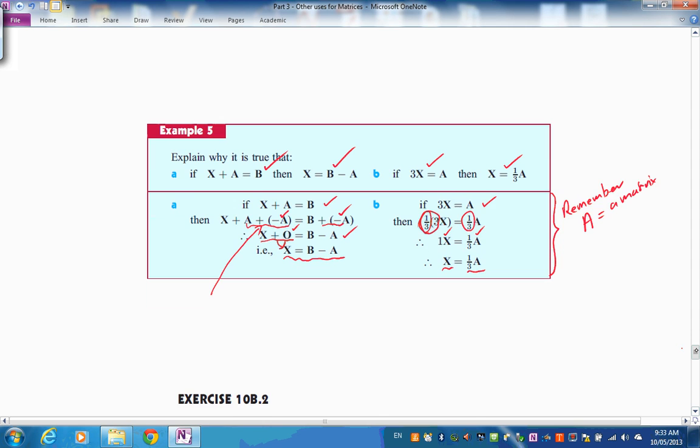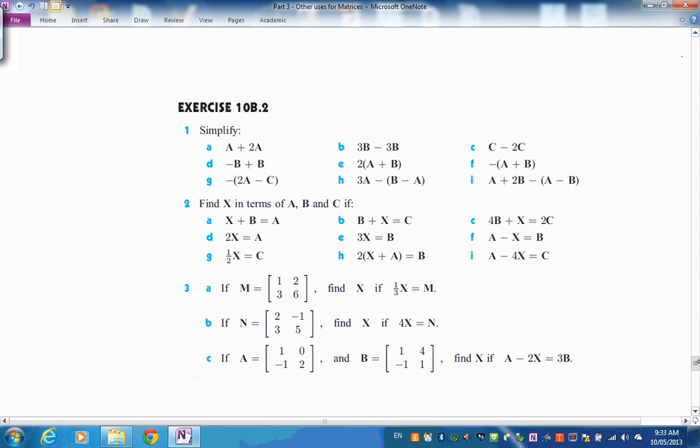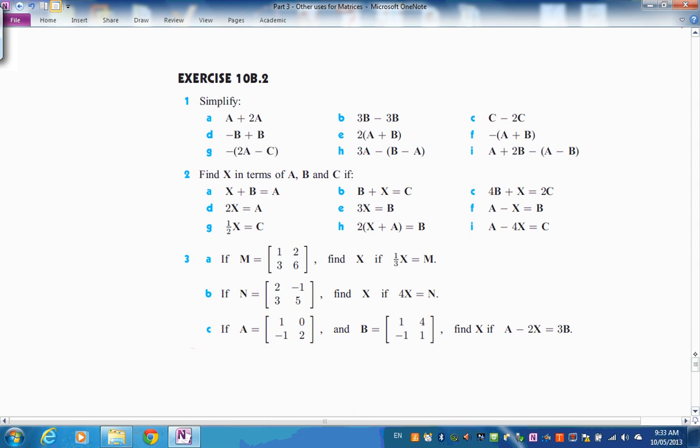Okay, so come down and let's have a look at some exercises, and we'll finish there then. 10b2, simplify these. So I want you to think about, remember these letters now are matrices. Don't think they're just x's and y's and b's and c's in our usual algebra for real numbers. No, no, no. This is matrix land.